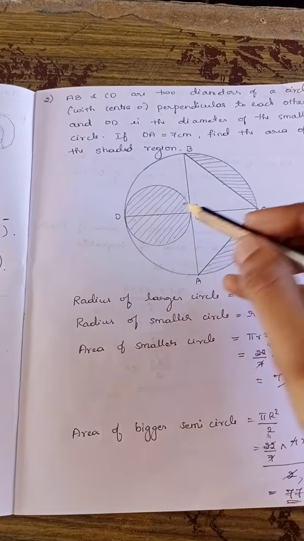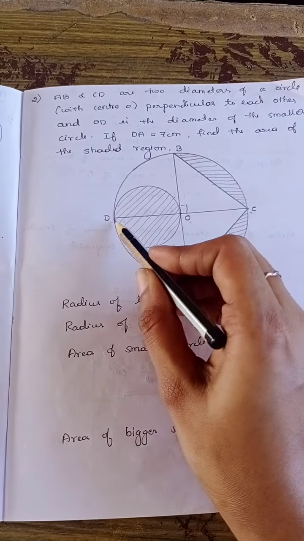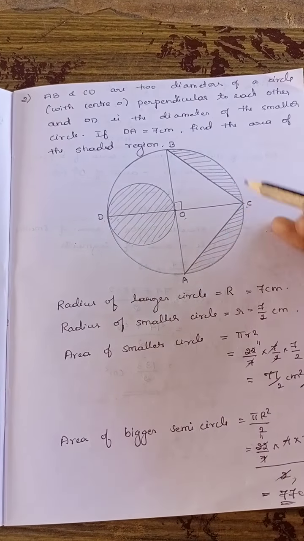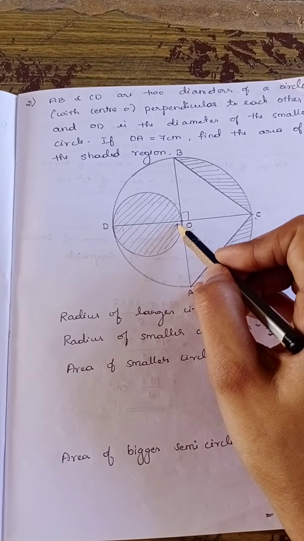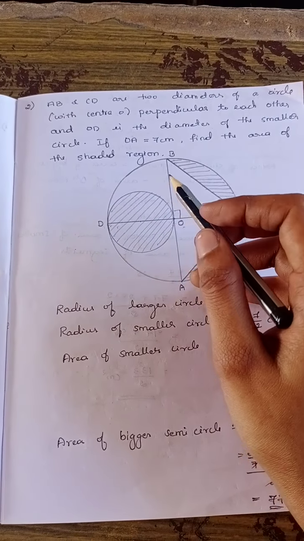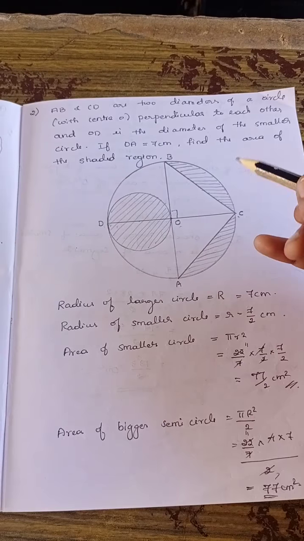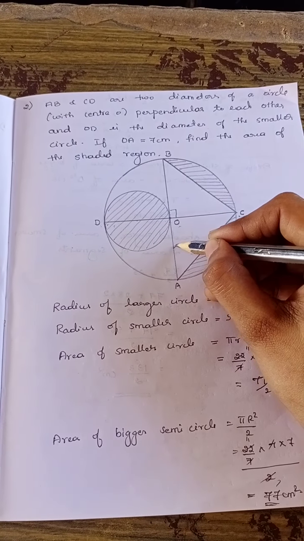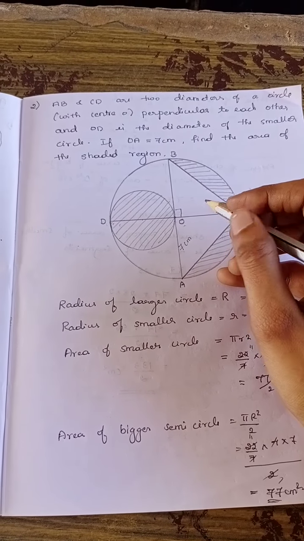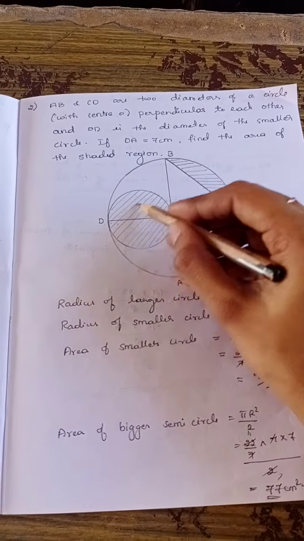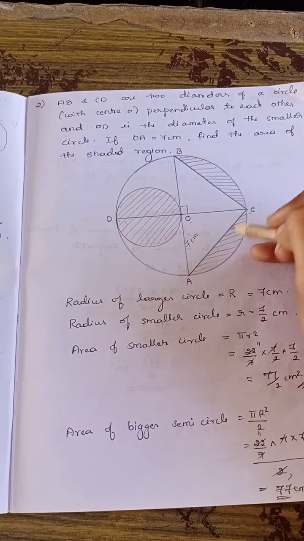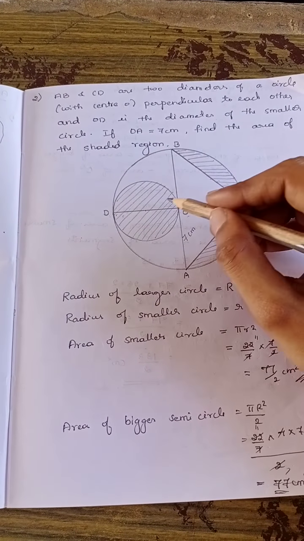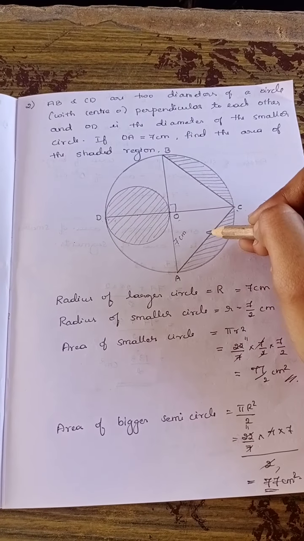Understood? AB and DC are diameters, so OD is the radius of this whole circle and OD is the diameter of this small circle. What is given? OA is given, OA is equal to 7 centimeter. Find the area of the shaded region. The shaded regions are this smaller circle and this much. We have to find the area of this shaded region.